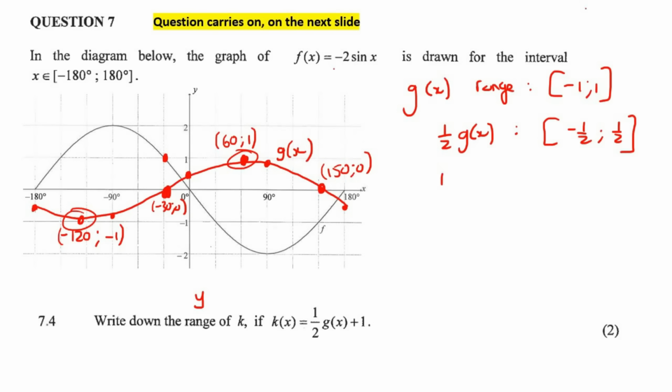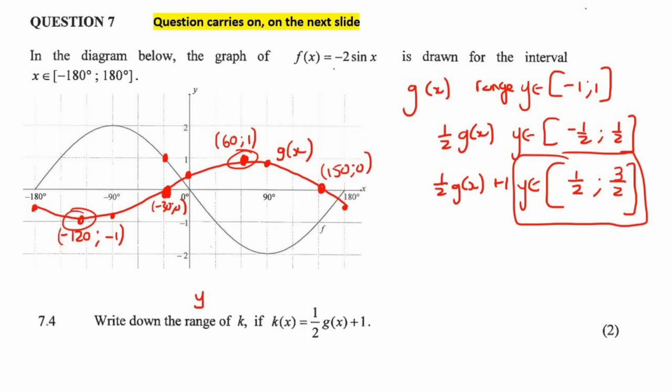And then what we're going to do is we're going to add 1 to each of these values because it's moving the graph up by 1, and so that should take us to positive a half, and then 3 over 2, like that. And I should be adding y is an element here. So the final answer would be this one over here. If you prefer to use interval notation, then, set builder notation, my bad, you could do it like this, and like that.